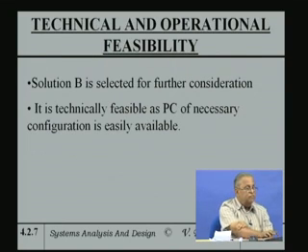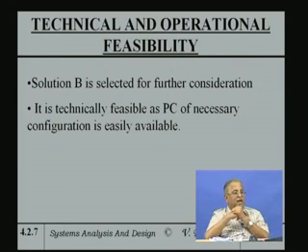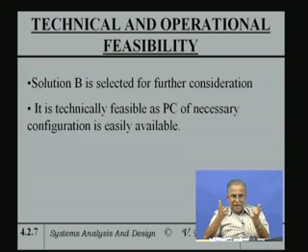Okay. Solution B is selected for further consideration because technically it is feasible. A PC can be bought, but the point is that ultimately the items have to be entered there and so on by a clerk. So, a question which may arise is, is it operationally feasible?